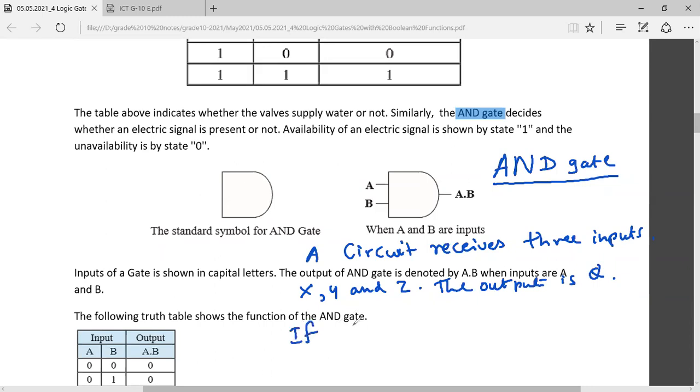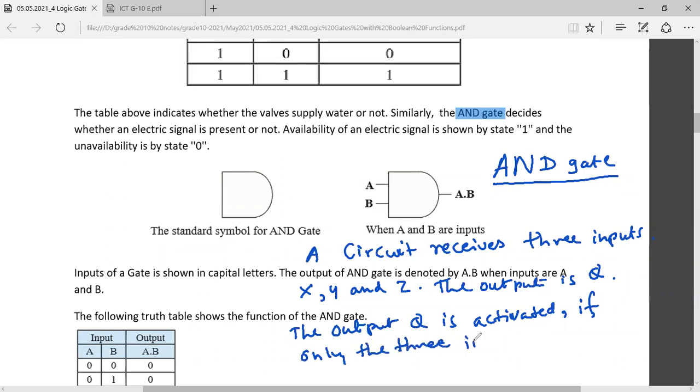If the output Q is activated, if only the 3 input signals are satisfied.